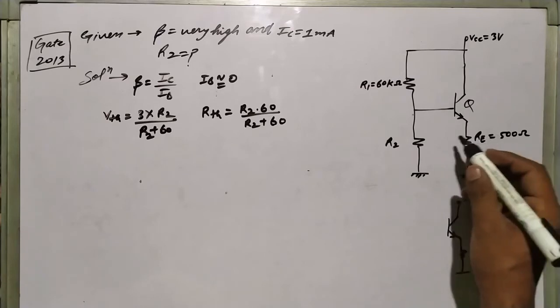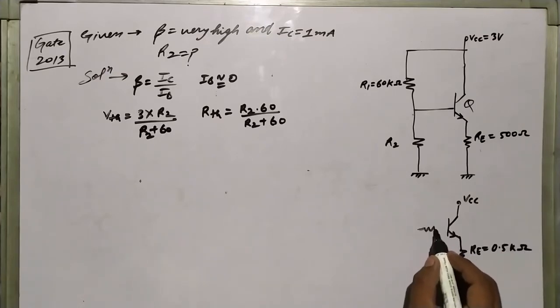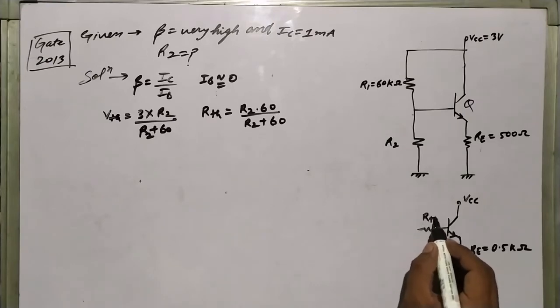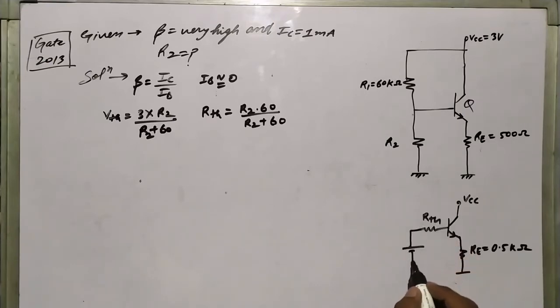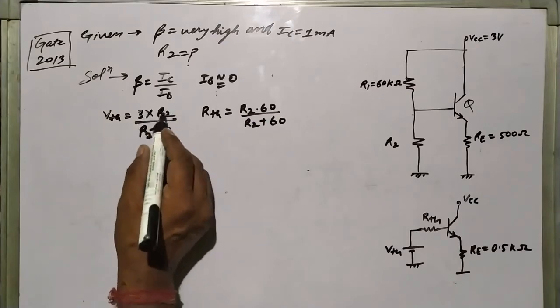For easy calculation, since all the resistors are in kilo, we will make this resistance also in kilo ohm, so it will become 0.5 kilo ohm, and there RTH and VTH. VTH has a variable R2.